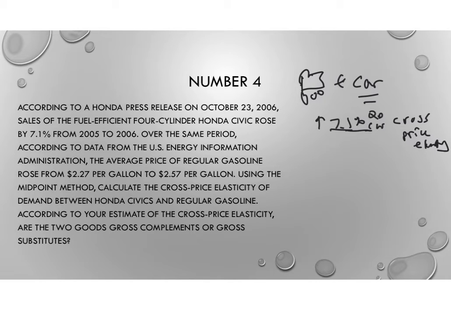Okay, and the percentage change in price is going to be 257 minus 227 over, let's see what our midpoint formula is, it is going to be 2. I am just going to put here 257 plus 227 over 2.